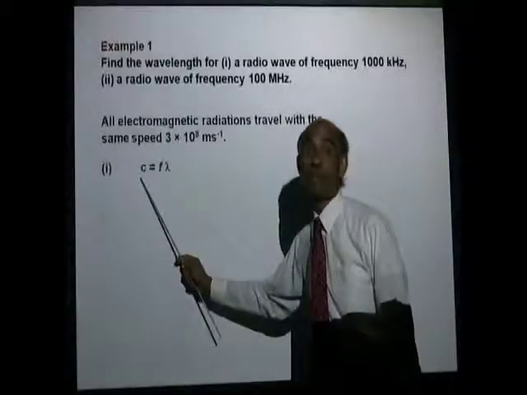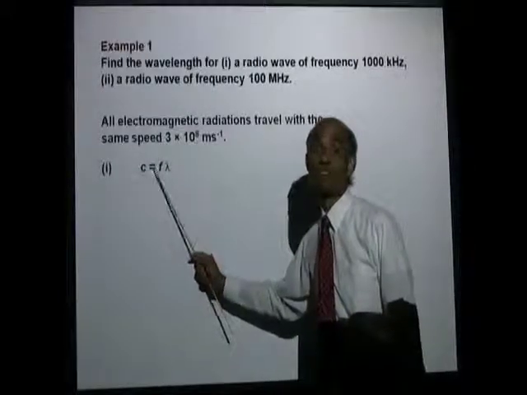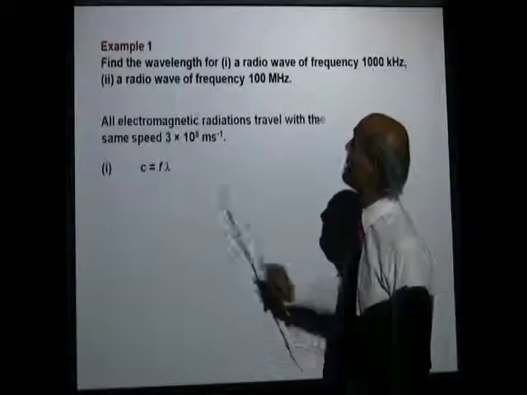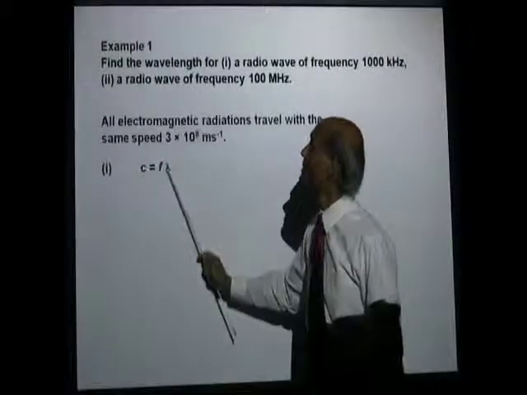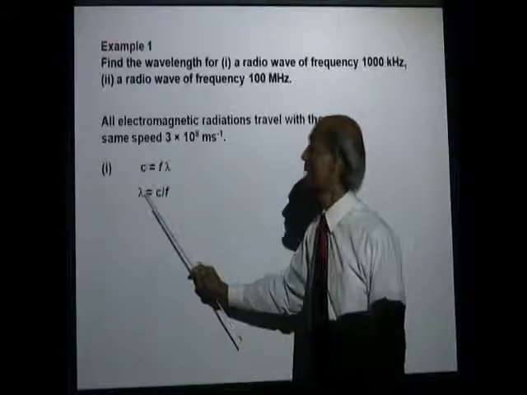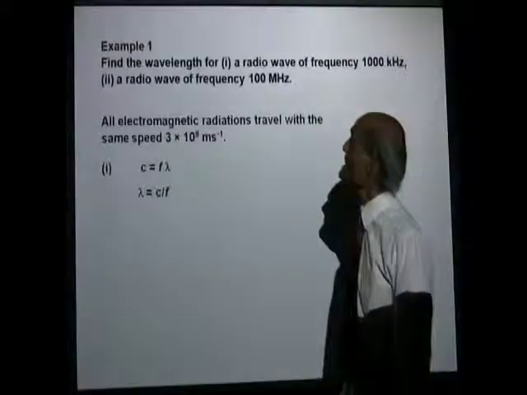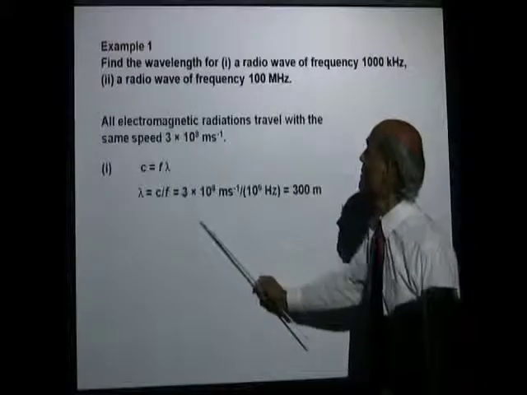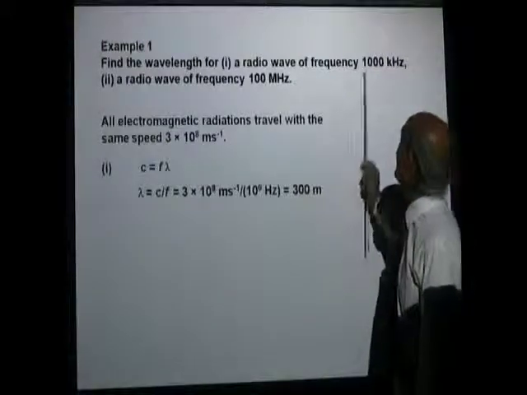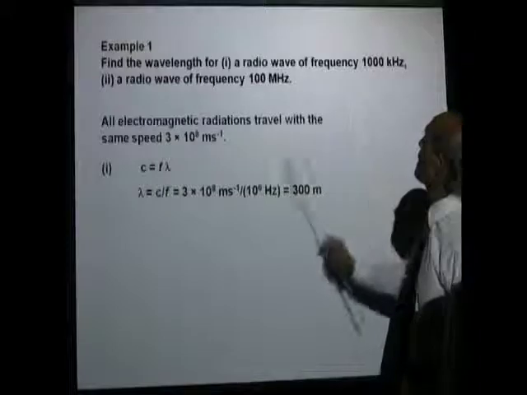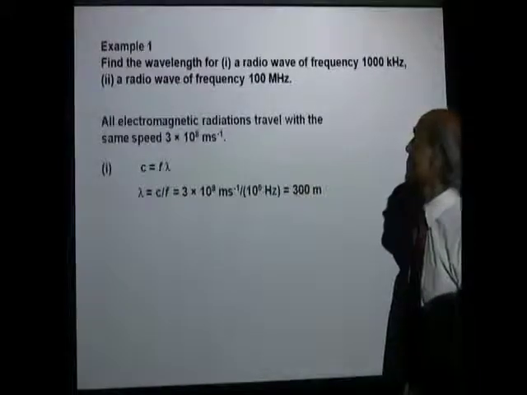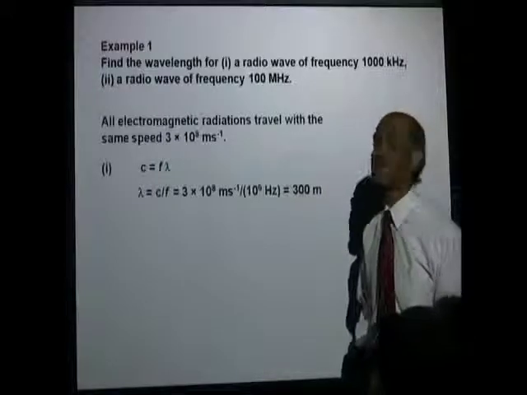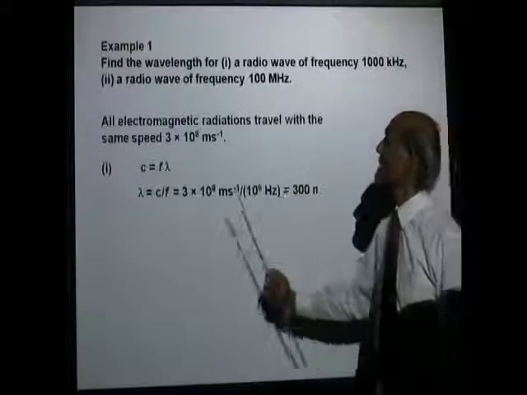And we also know that speed is related to frequency and wavelength as c equal to f lambda. So to find the wavelength, we solve for lambda: lambda equal to c over f. In the first case, it will be c divided by 1000 kilohertz, which is 10 to the power of 6 hertz, and that is 300 meters, the wavelength of that wave.